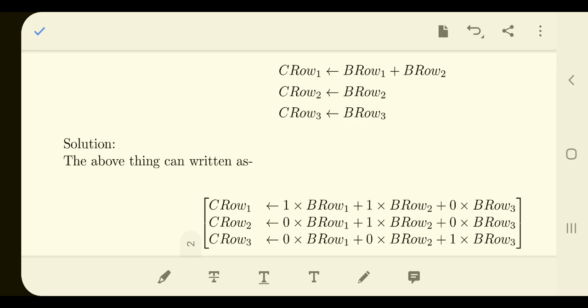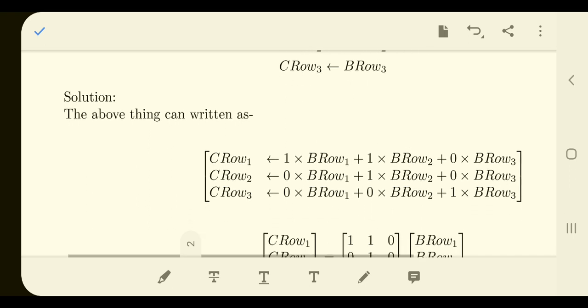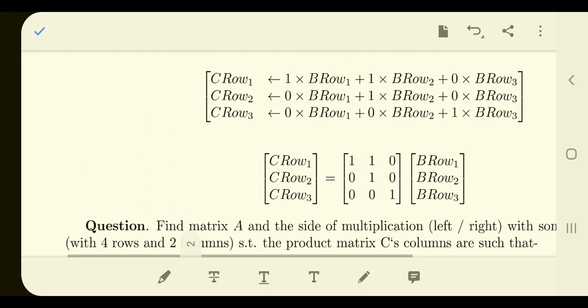So we'll write 1 times row 1 plus 1 times row 2 and 0 times row 3 for row 1 of the product matrix. Row 2 of the product matrix will be 0 times row 1 plus 1 times row 2 plus 0 times row 3, and row 3 of the product matrix is 0 times row 1 plus 0 times row 2 and 1 times row 3. So if I write this way, we get this one.